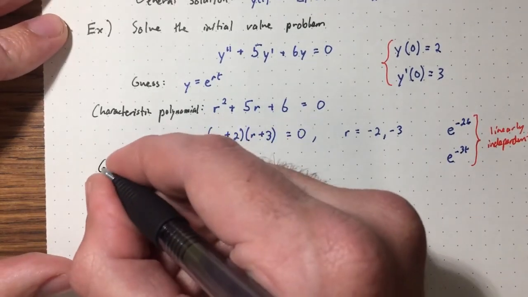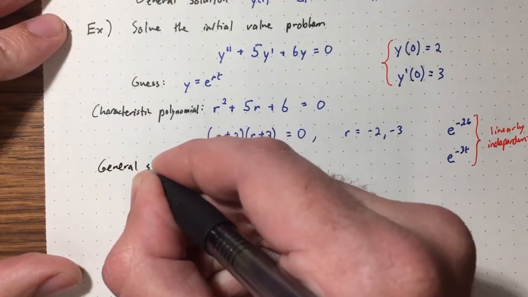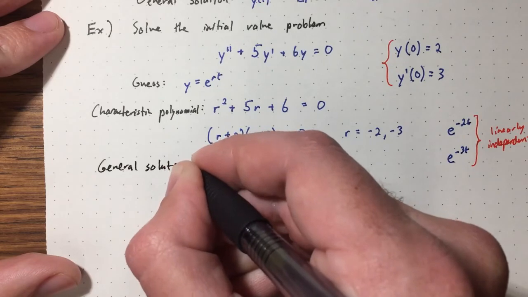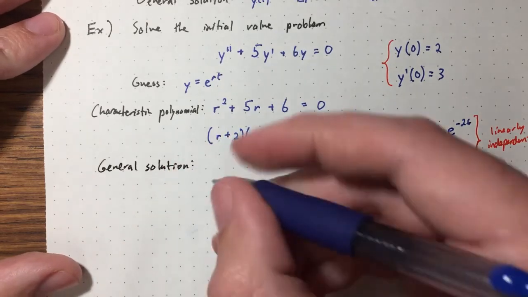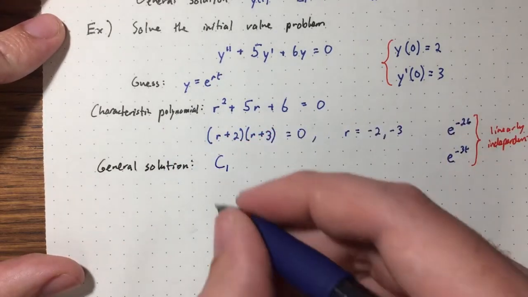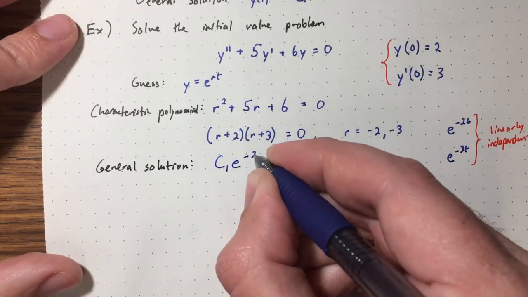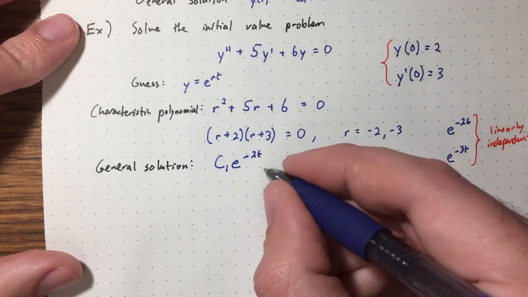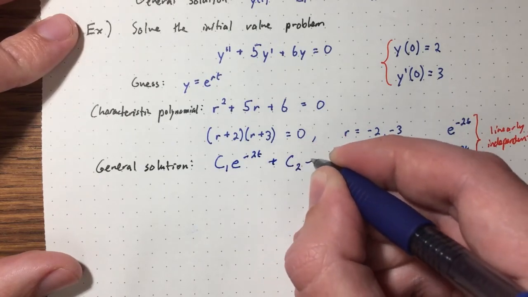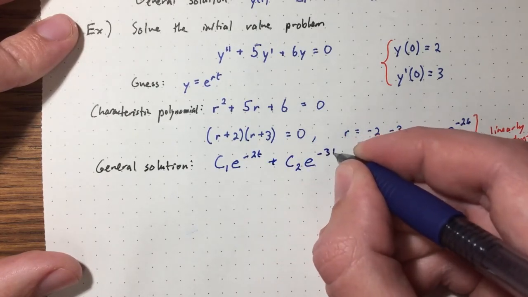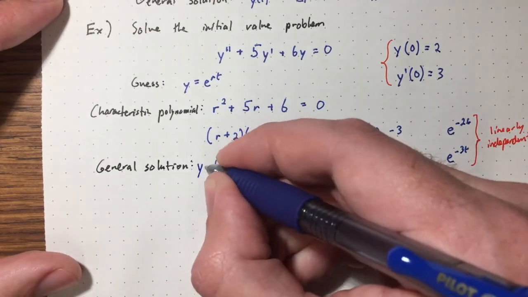So we can immediately write down our general solution. It's c1, I have to use c1 and c2 just because I have to index these two constants, c1 e to the -2t plus c2 e to the -3t. I should say y equals.